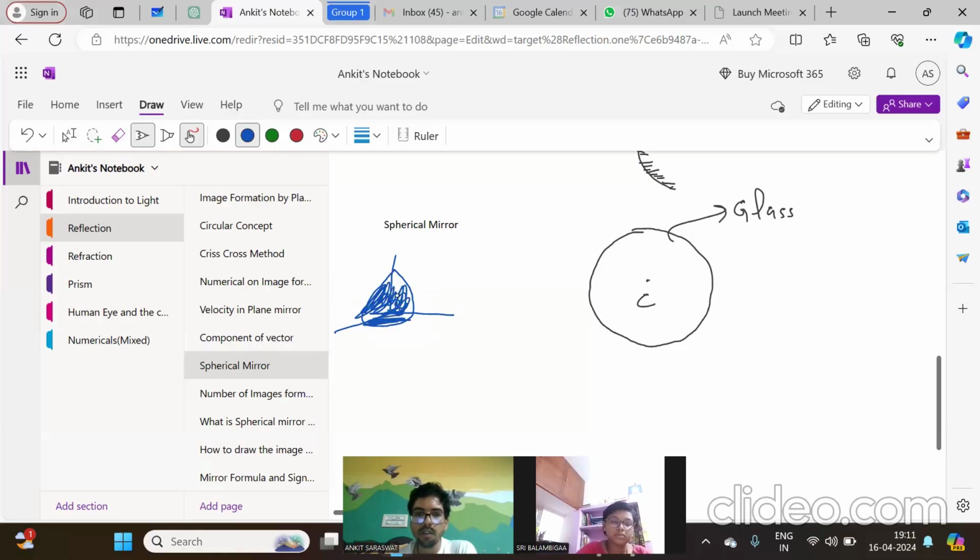Similar at the back, similar here. And center is, this is a center. Now from the center to this distance, this is the radius of the sphere. Everywhere, radii are the same.